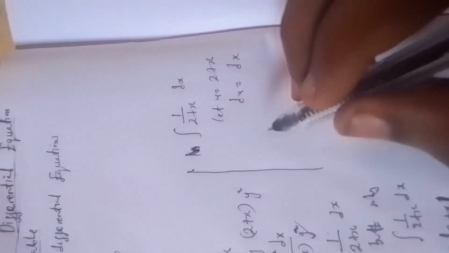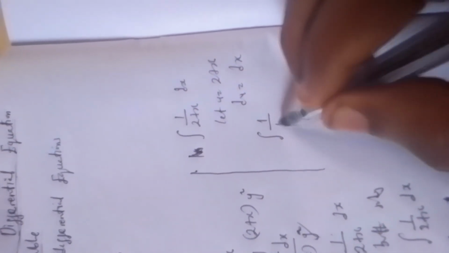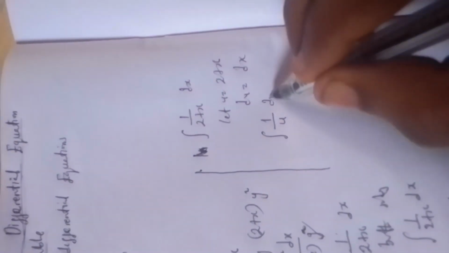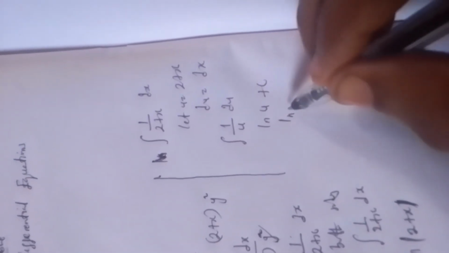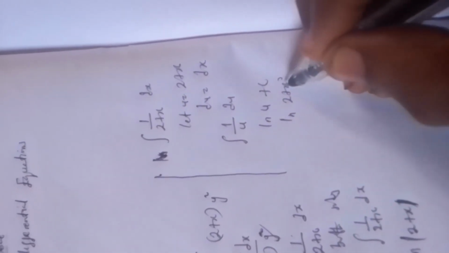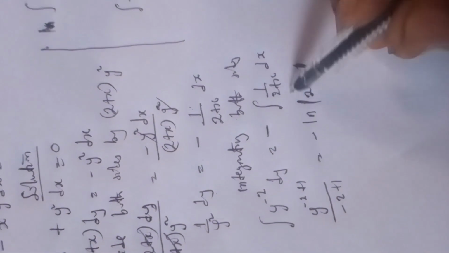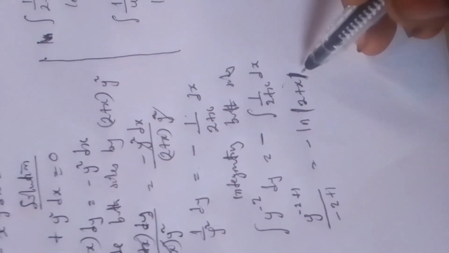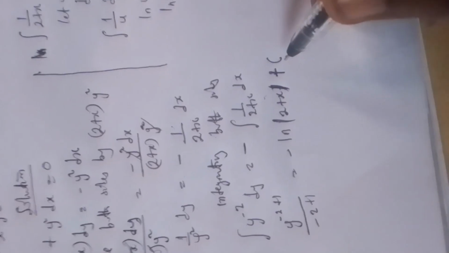Then if I substitute it back here, I'm going to have the integral of 1 all over u du, and if you integrate this, it gives you ln u plus c. And u is 2 + x, so that is ln(2 + x) plus c. So can you see that the integral of 1 over 2 + x is ln(2 + x)? Then ensure you put your constant, so that's plus c.